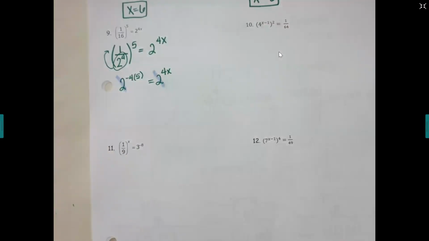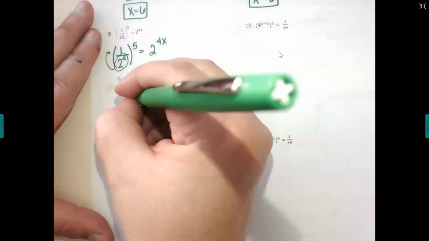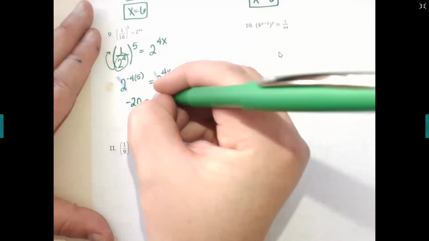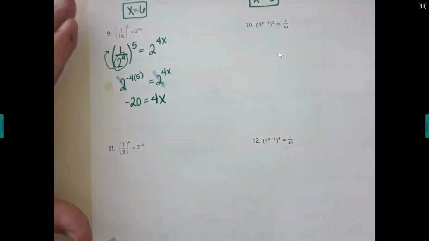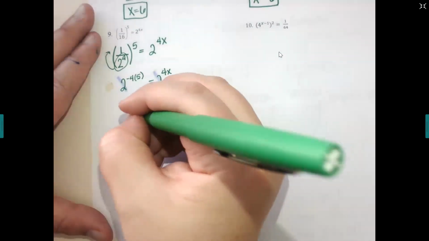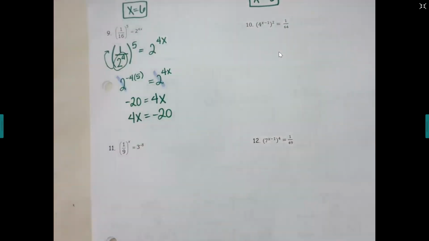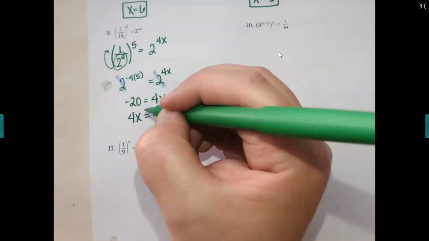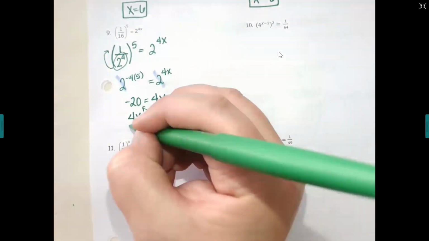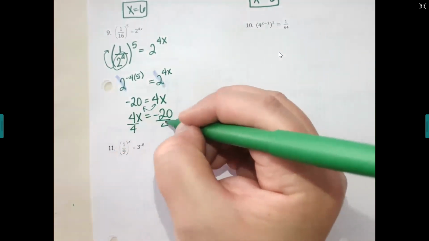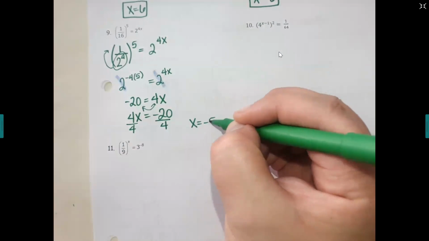Remember, that's multiplication going on up there. -20 equals 4x. And then I don't like having x on the right hand side, so I'm just gonna flip flop it. So that really means that 4x equals -20. And then what would my last step be? Very good, divide by 4. And -20 divided by 4, my answer would be -5.